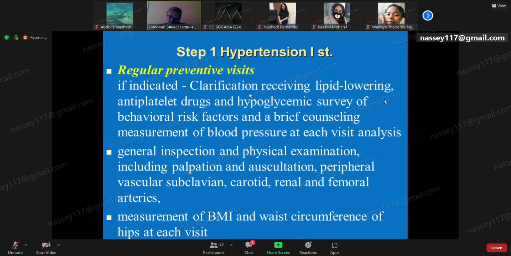Also, during this visit, we should provide general inspection, physical examination of the cardiovascular system, including palpation and auscultation of peripheral arteries, subclavian, carotid, renal if possible, and femoral. Besides, we should measure and calculate body mass index and waist and hip circumference at each patient's visit.